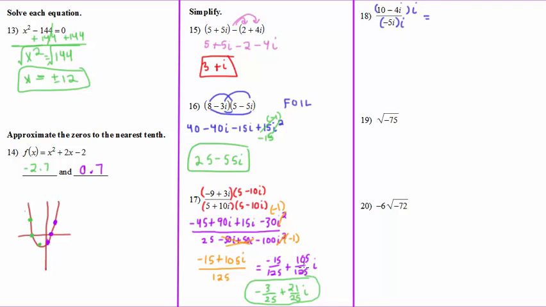So I want to distribute the i on top, 10i minus 4i squared. On bottom, negative 5i squared. I need to change my i squareds to negative 1s so that I have 10i plus 4 over a positive 5.